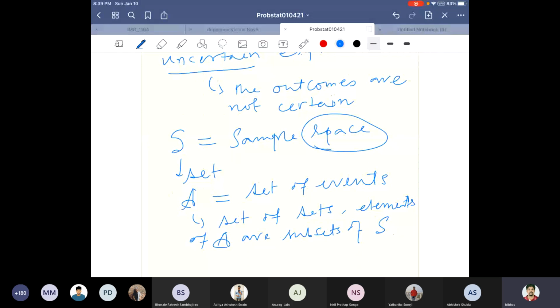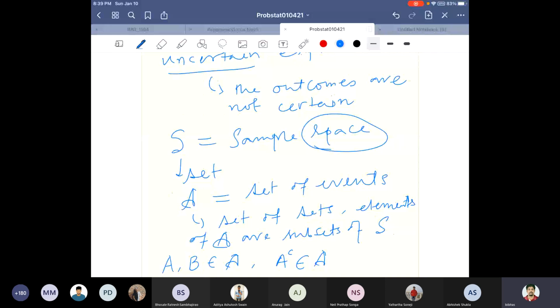So for us, an event is a subset of S. We also said that if we have events A and B, then A union B is an event, A intersection B is again an event, and the complement of A is also an event. We saw this in Venn diagrams, and these are the things you assume whenever a set of events is given to you.